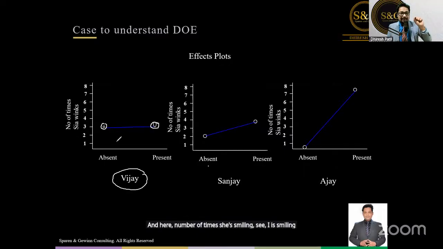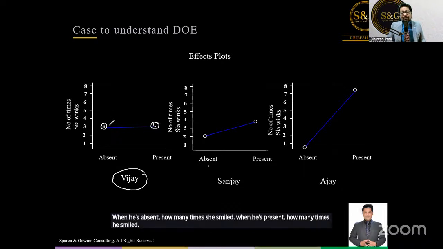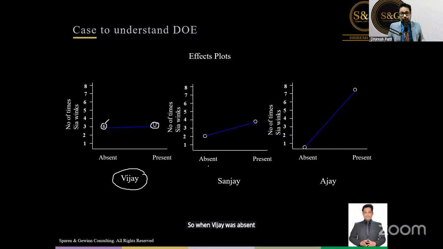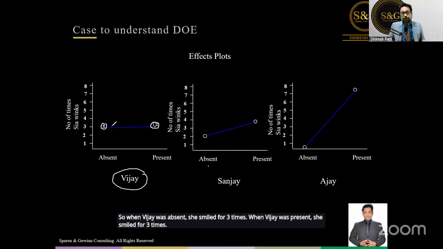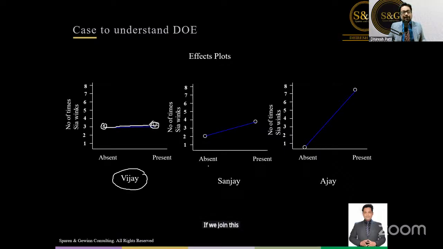So we are counting when he is absent, how many times she smiled, and when he is present, how many times she smiled. When Vijay was absent, she smiled 3 times. When Vijay was present, she smiled 3 times. If we join this, it becomes a flat line. That means whether Vijay is there or not does not make a huge difference on Sia's smile.